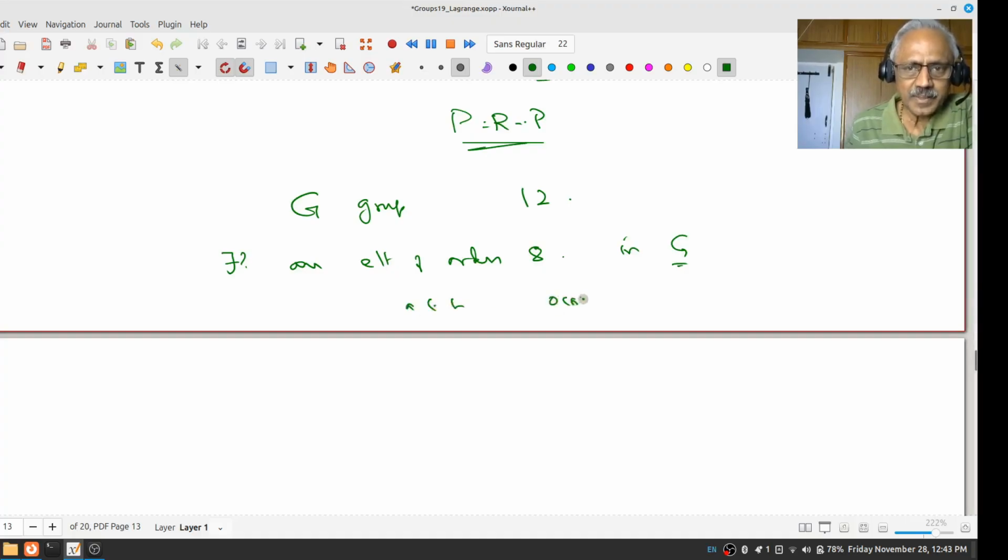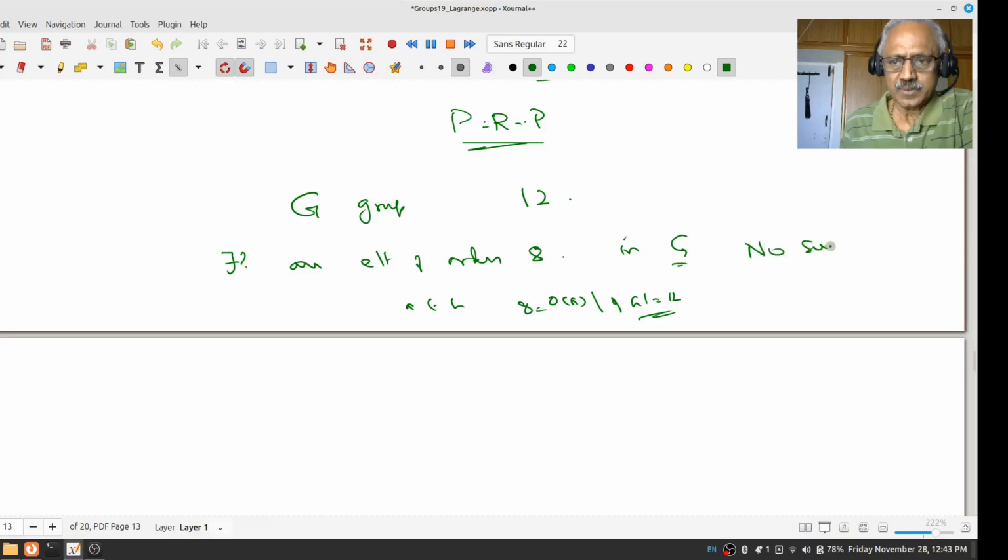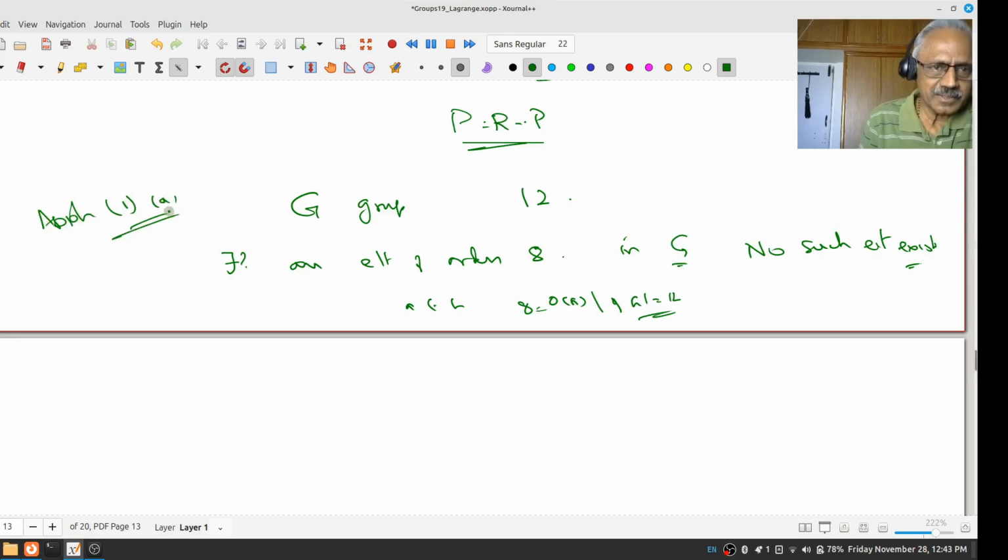The order of A, which is 8, should divide the order of G, which is 12. That is, 8 should be a divisor of 12. That is not possible. Therefore, no such element exists. This is application 1A, the first application of application 1. Then let's look at application 2.